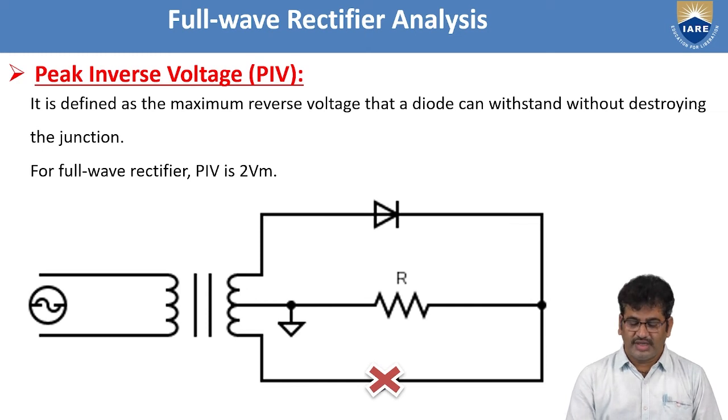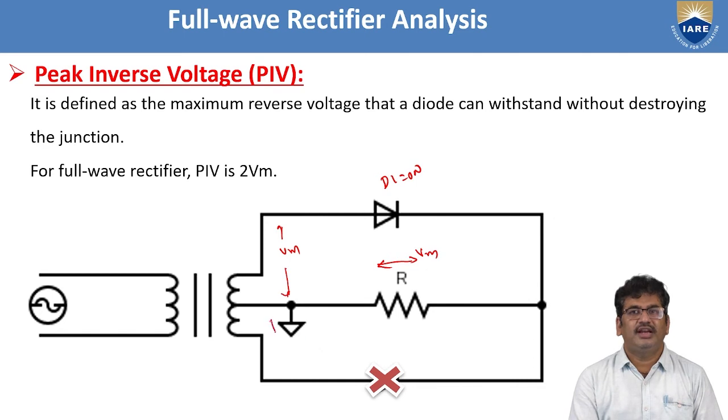During the positive half cycle, the diode is on, so it acts as forward bias, and here we are applying a voltage of Vm, the maximum voltage. So the maximum voltage which will be developed across the resistance is Vm, whereas the secondary winding has a voltage of Vm. Because of this voltage, the diode D2 is in reverse bias.